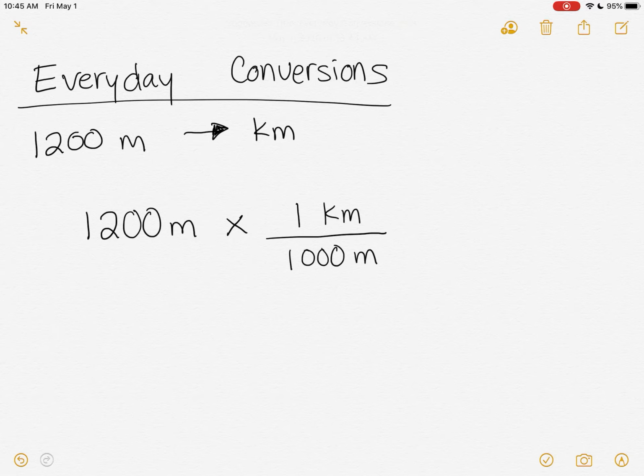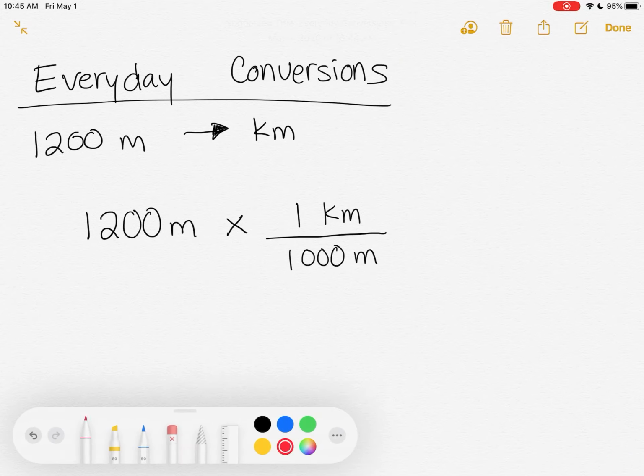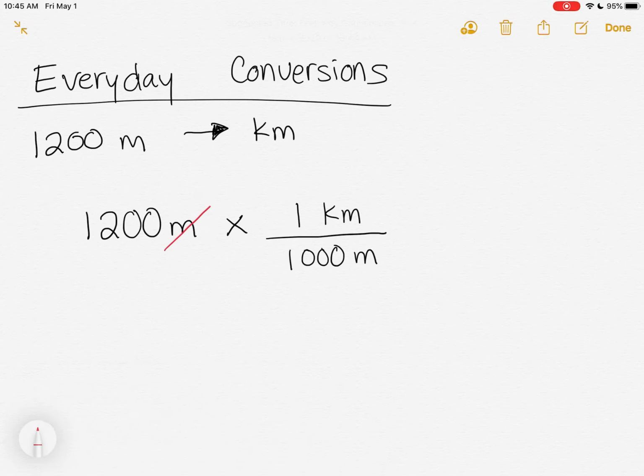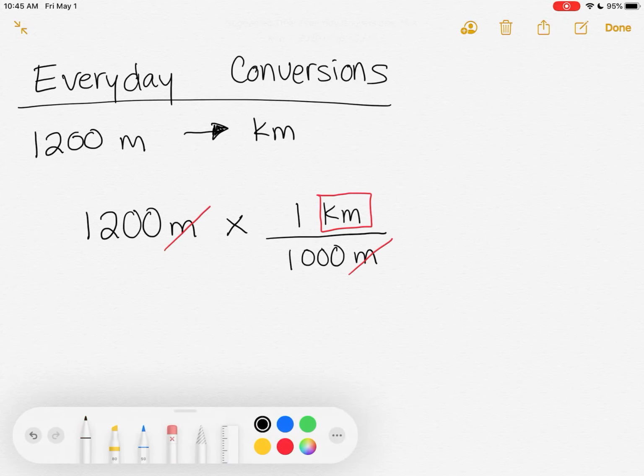Now, conversion factors can be kilometers over meters or meters over kilometers. You can put either one you want on the top. But the idea is that this is true all the time. There is always 1,000 meters in a kilometer, or 1 kilometer is 1,000 meters. And the reason that I put the meters on the bottom here is because I wanted to be able to cancel it out with a unit that I had so that I end up on the top with a unit that I want.